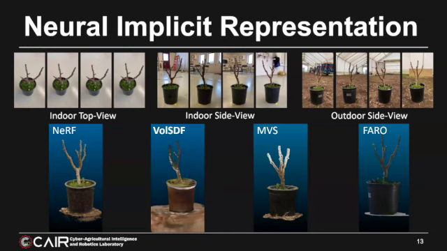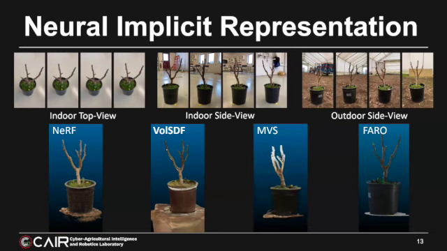One of the very promising directions in the AI space is that we can use neural implicit representation, or specifically neural radiance fields or neural signed distance functions, to represent the 3D architecture of any objects. Now we are doing some preliminary tests using different methodologies to measure all those tree architectures.